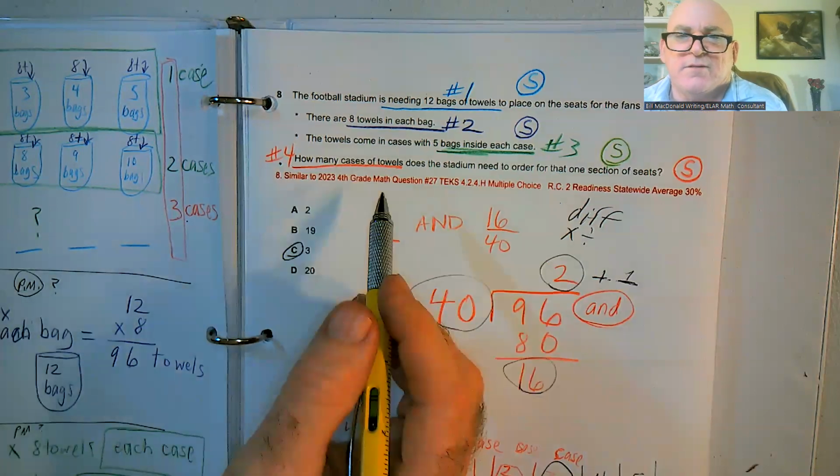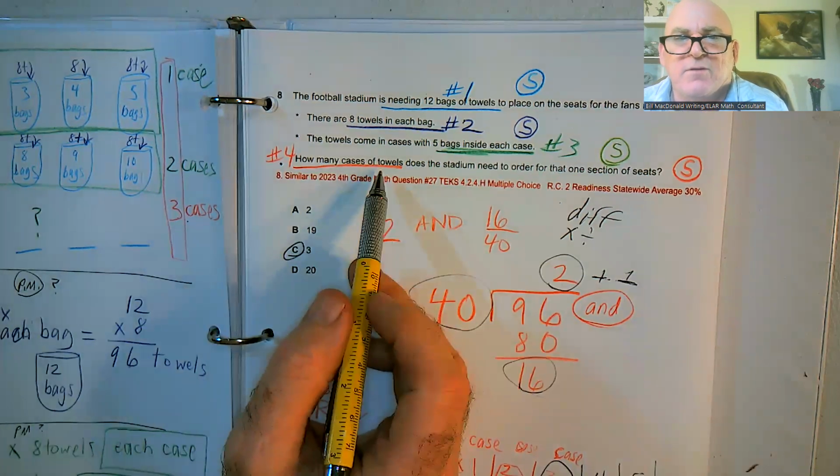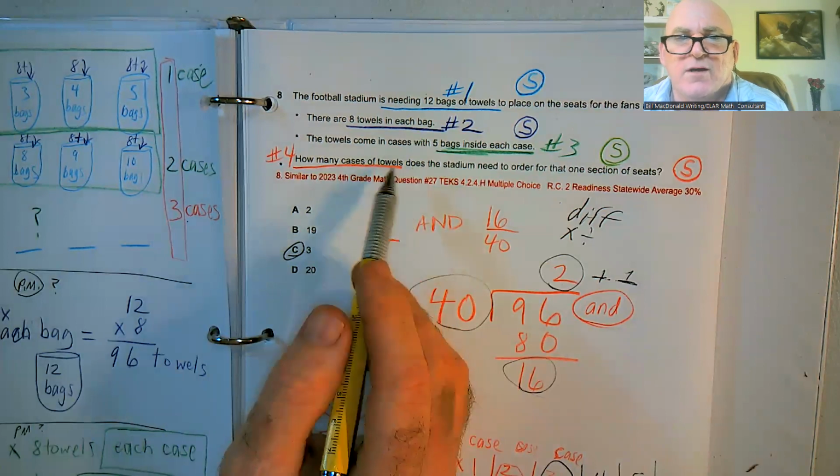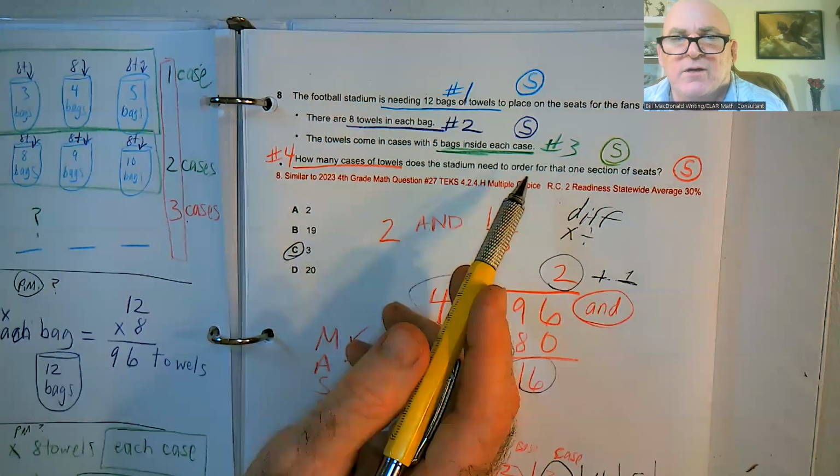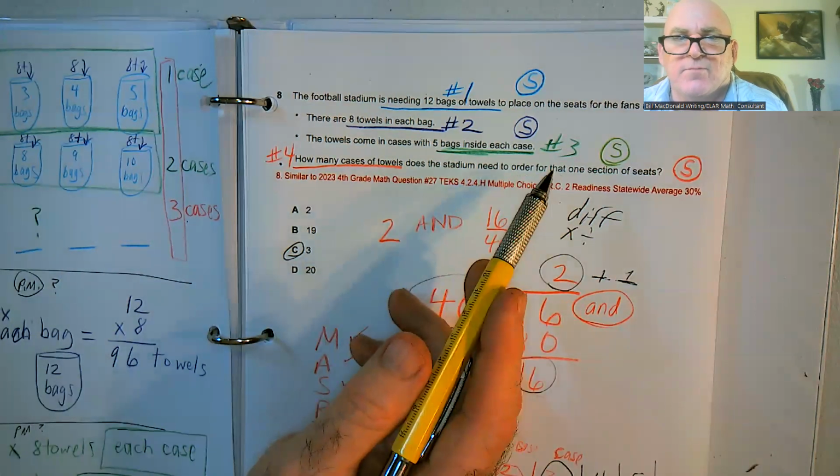But let me just close by showing you something. A lot of times you teach, if they find "each" in the question, we're going to divide. Well, there's no "each" in this question.